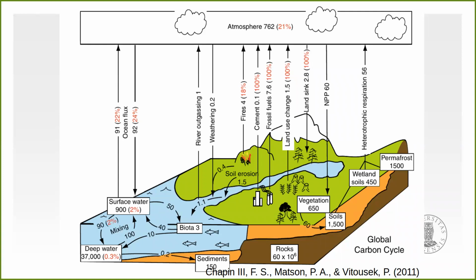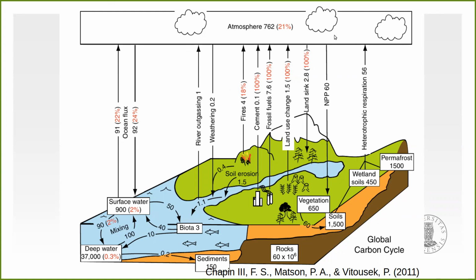So let me first explain this figure. The carbon pools are the boxes, and I will focus on the terrestrial carbon cycle and the short ones, so not the rocks. So those are the carbon pools. The unit is petagram, which is 10 to the 15th gram.